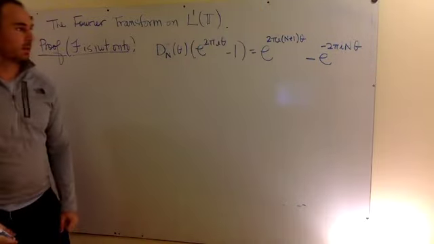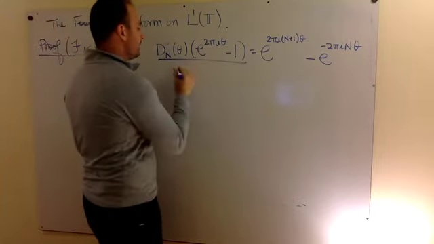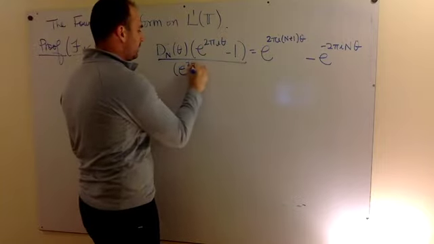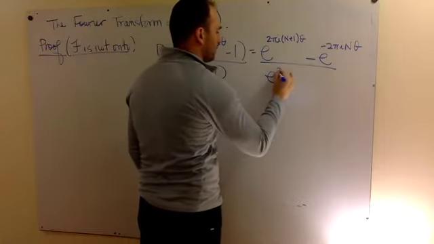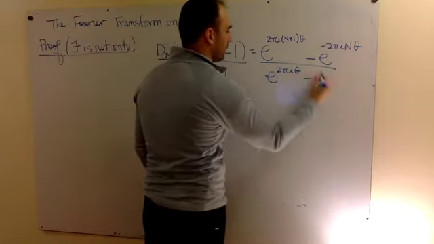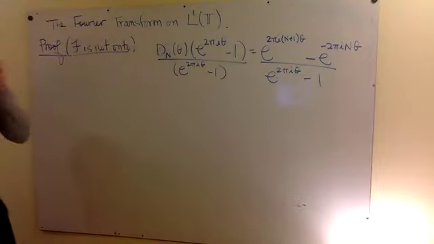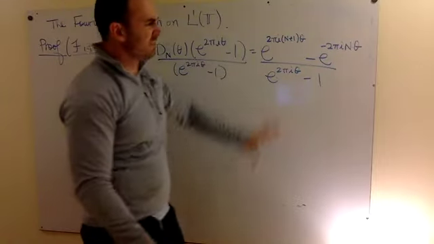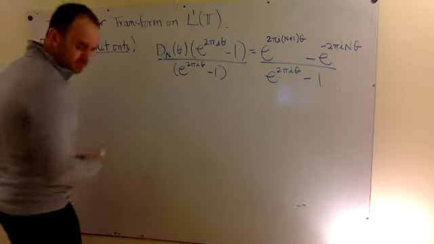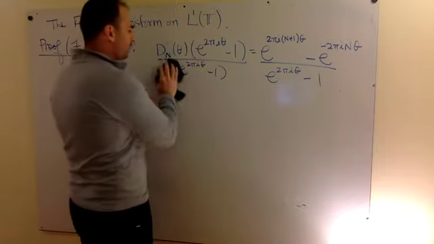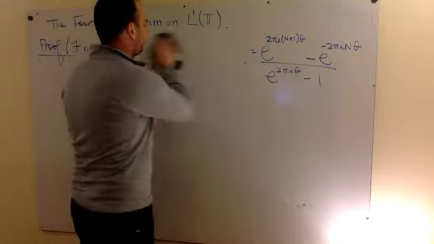Okay? And if I divide both sides of this, I get a nicer formula, still not great, but a nicer formula for the Dirichlet kernel in particular. But I'm just going to be a little sloppy here and erase this.